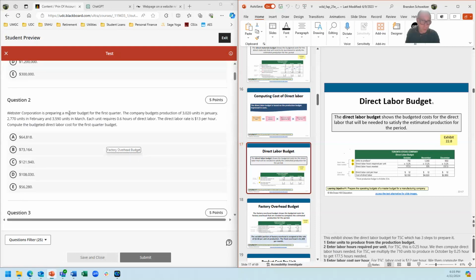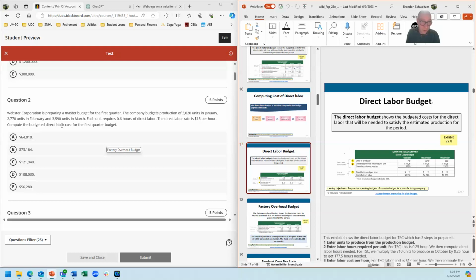Question 2, master budget for the first quarter. Read the whole question. Company budgets production, 3,020 units, January, then February, then March. Each unit requires 0.6 hours of direct labor at a rate of $13 per hour.